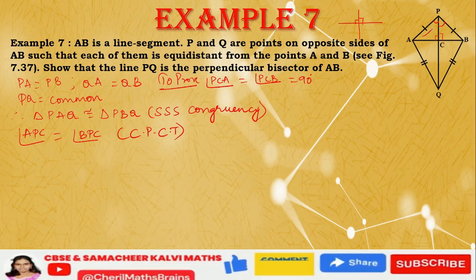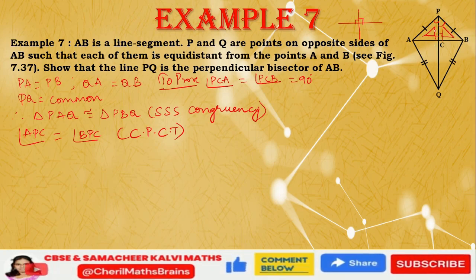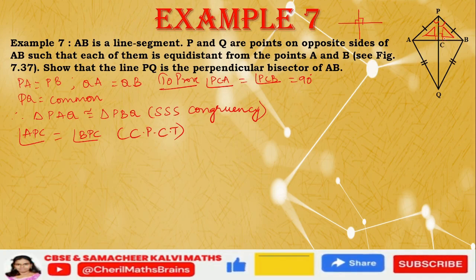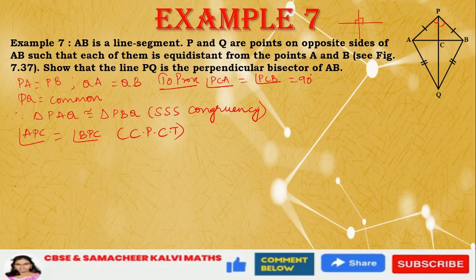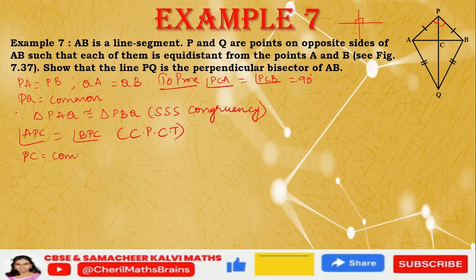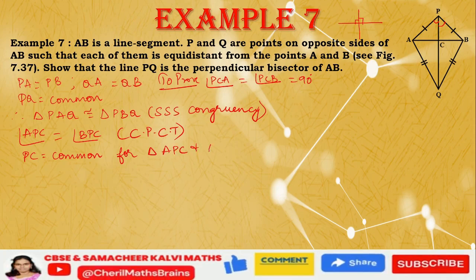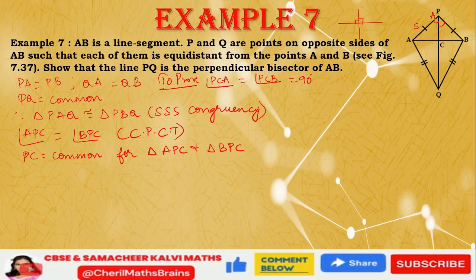Now we will consider this triangle and this triangle, because we have to prove these two angles first. So we'll check if these two triangles are congruent. We can very clearly see that in these two triangles we already have two sides equal and two angles equal. You can also see the side PC is common. So for triangle APC and triangle BPC we have side, angle, side.